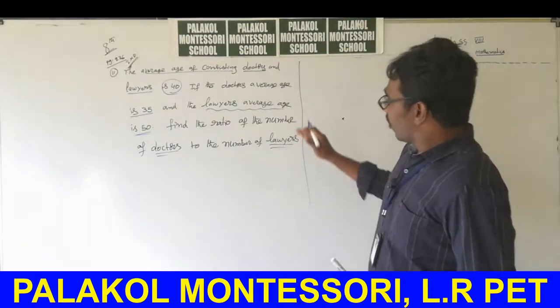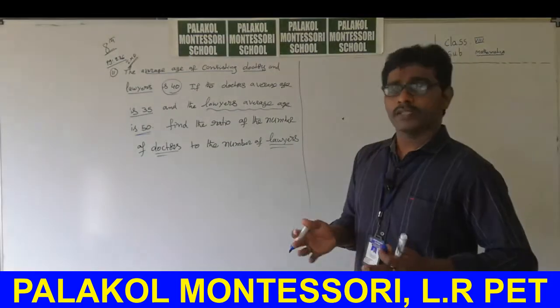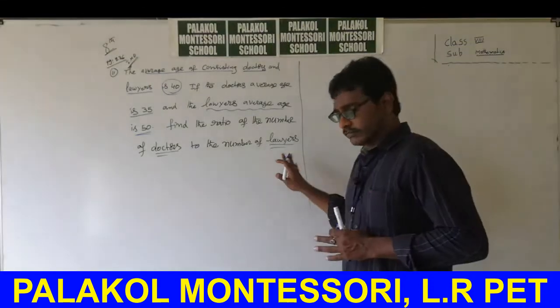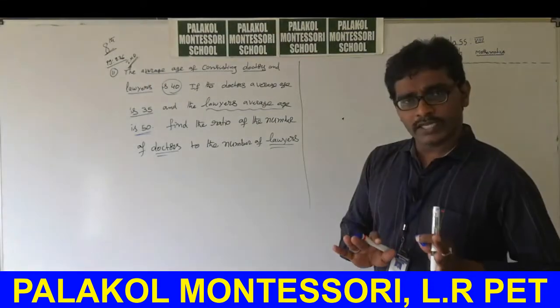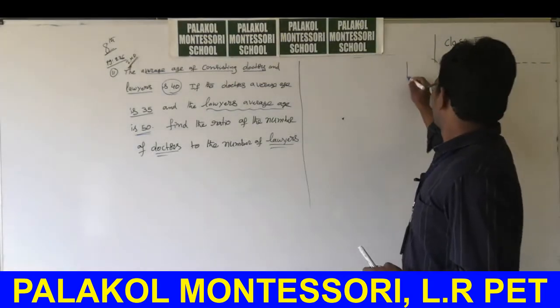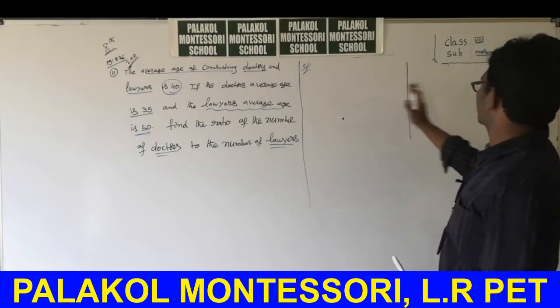Guys, how many doctors are there in the sum? It's not mentioned, so you have to take it as x. The number of lawyers is not mentioned in the sum either, so you take it as y. Right? See, I do the solution. The page is divided into two parts.